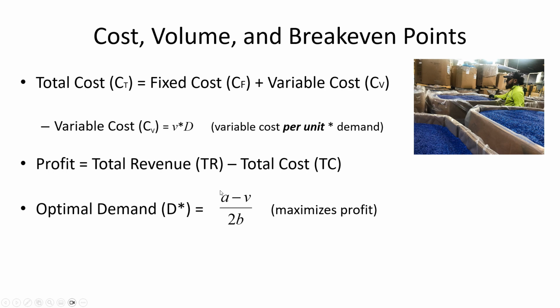A is the price that would have there to be no demand. V, this lowercase v, is the variable cost per unit divided by 2 times B, where B is the slope of the line, the slope of the demand curve.